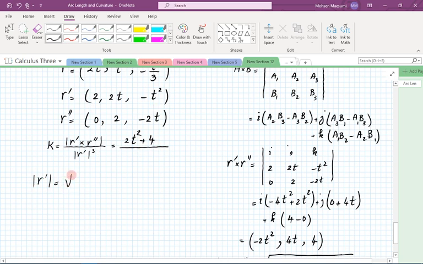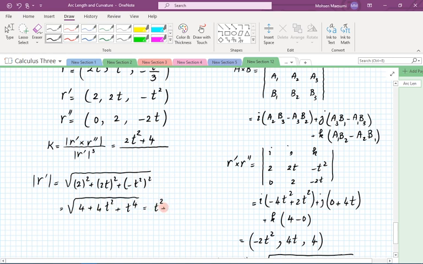Well, that's going to be 2 squared, 2t squared, minus t squared squared, 4, 4t squared, t to the power of 4, and that obviously becomes t squared plus 2. So that's my denominator. R prime has to be cubed. We notice in this special case this is 2 times t squared plus 2, and this is t squared plus 2 cubed.